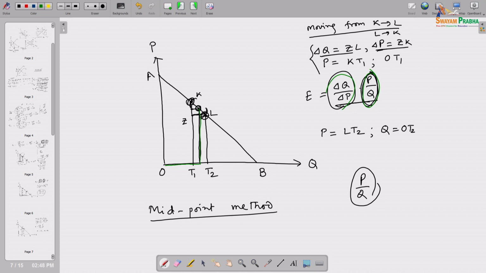And in any case, this is the delta Q and this is the delta P, with appropriate sign. That is the midpoint method: you take the middle of the two points within which the movement is happening. But the midpoint method is a somewhat cruder way to measure, although it is the one in your book.